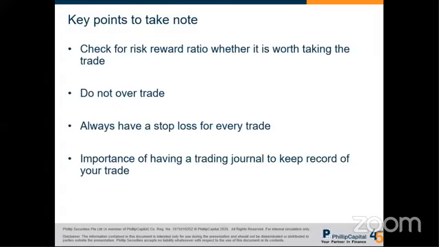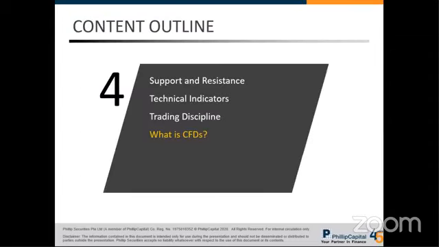Then you may want to see how to optimize it. Is the risk reward ratio not good, or is this trading strategy totally not working for you? Then you have to look out for other trading indicators that you can better identify. So it's very important to keep track of the trading journal. If you are making a loss, you have to see what you want to improve on your trading strategy.